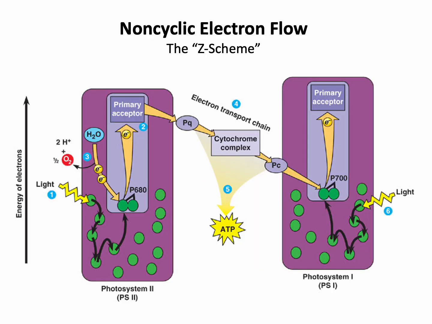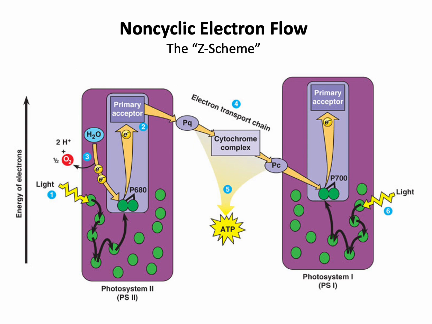Now, this whole thing is often referred to as non-cyclic electron flow, and we use this idea of a Z-scheme. So, it's basically take a Z, move it on its side, and that's basically what you're looking at. And the idea is that you're following the energy, right? So starting at the bottom of photosystem 2, you have very low energy, but as light hits it, the electron is moving up.